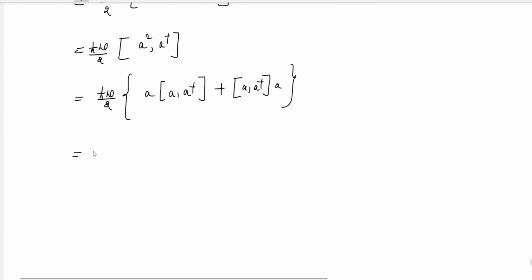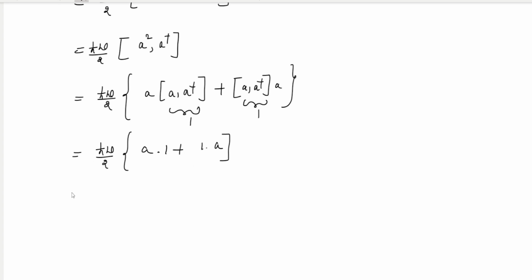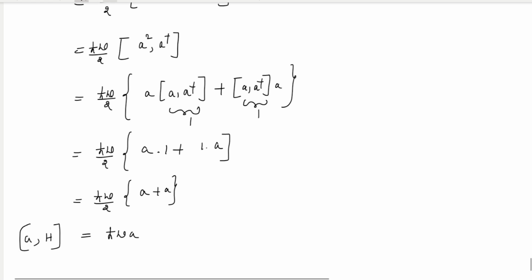So h cross omega divided by 2, this one is 1, this one also 1, 1 plus 1 into A. So h cross omega divided by 2 into A plus A equal to 2A, right? The 2 gets cancelled, then h cross omega A. So the commutator of A and H, I got h cross omega A.